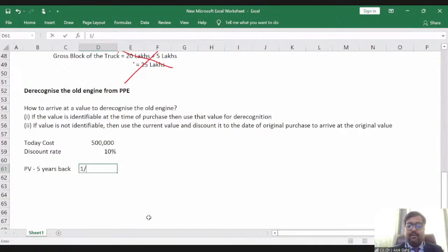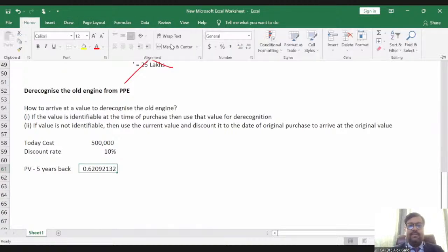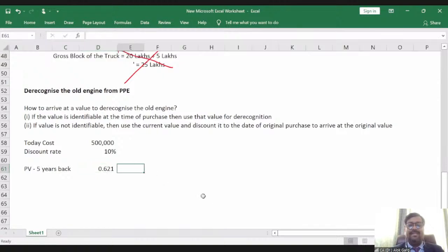It is 1 divided by (1 plus 10%) to the power 5. Because I need to calculate what was the present value 5 years ago, right? This comes out at 0.621.